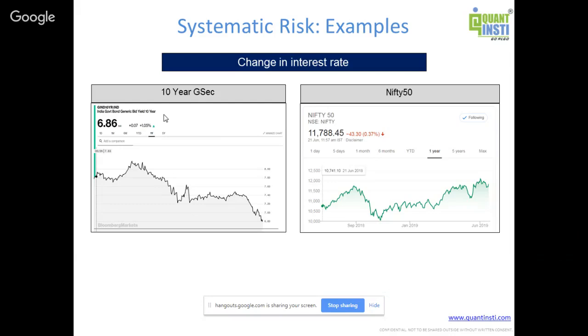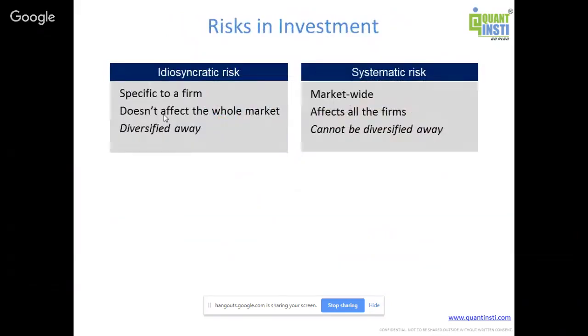In the same way, auto loans will become cheaper, and so on. So every firm has this kind of impact, and you have to deal with it. You can't mitigate it, you can't diversify away, or avoid this risk if you invest in markets. Therefore, this risk cannot be diversified away.